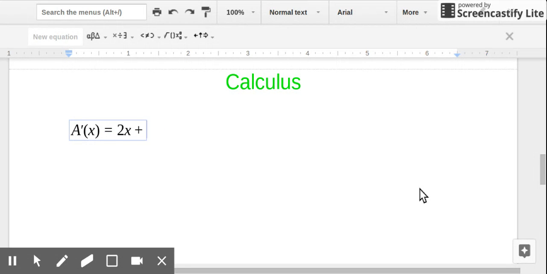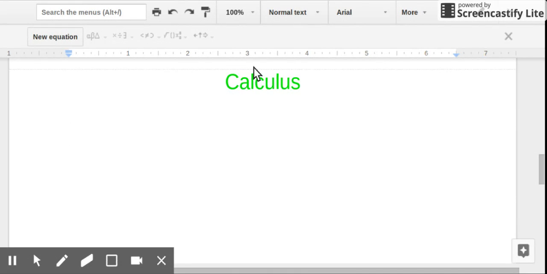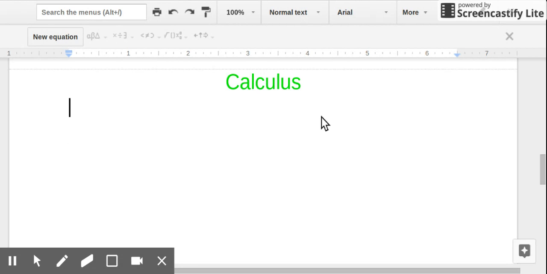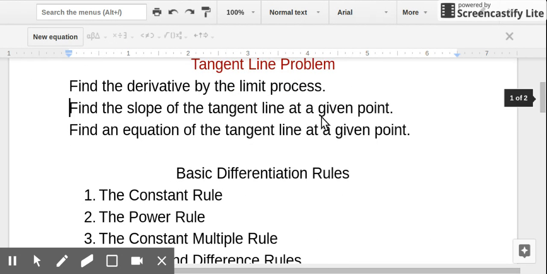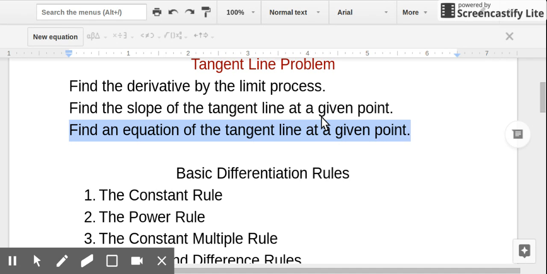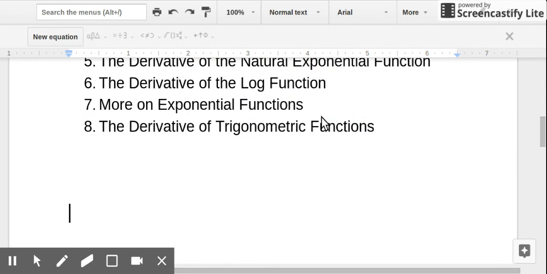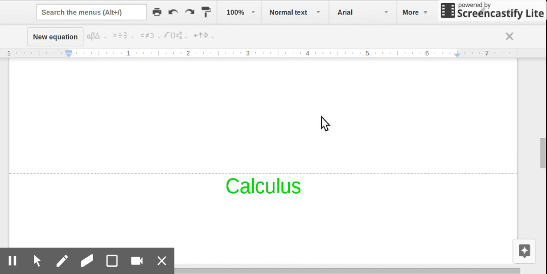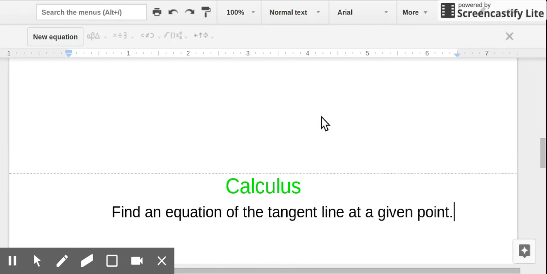And I guess what I'm going to do is bring up the graph and take a look at that. Let's take a look at a picture here.